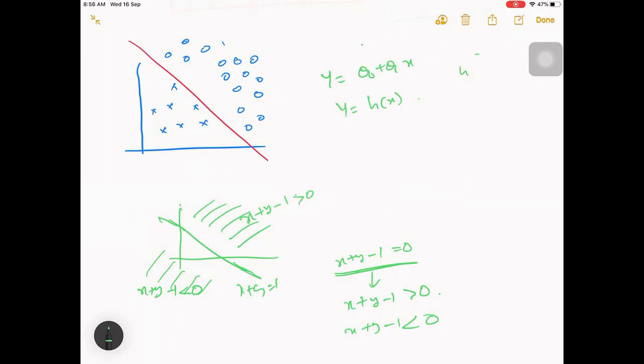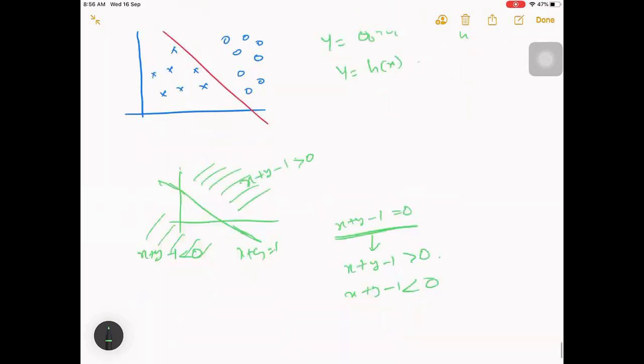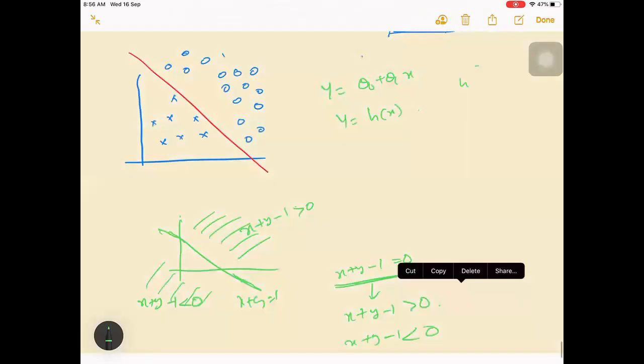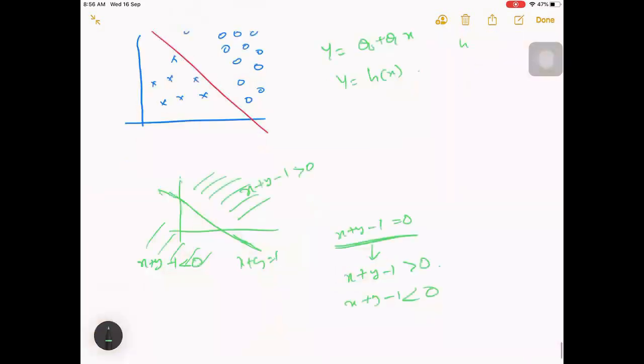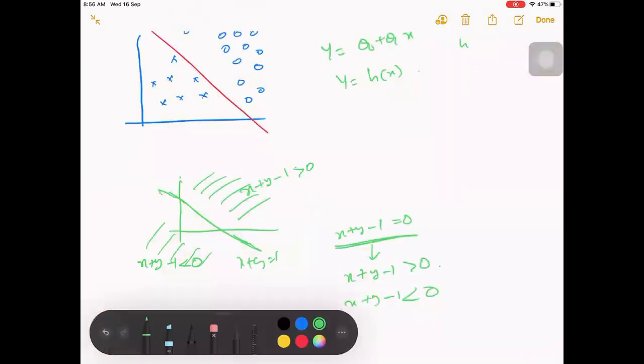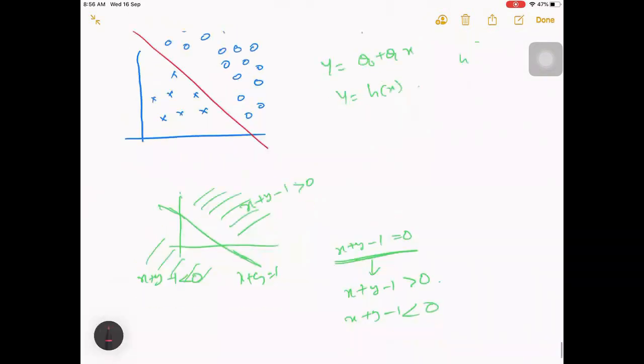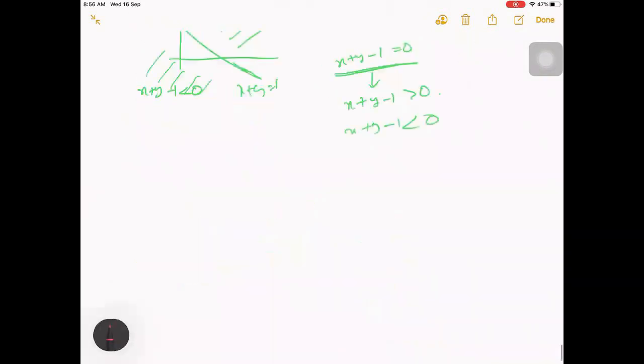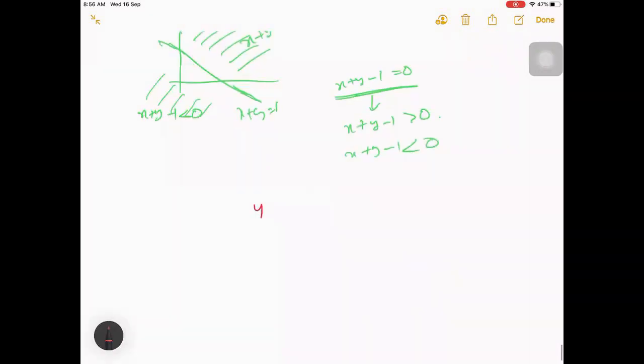So this is the concept we will be using over here, where the value is greater than 0, we take it on one side, and less than 0, we take it on the other side. So finally, what we'll be getting is, from y equal to h of x, if y minus h of x is greater than 0, we can take it as one side, maybe positive.